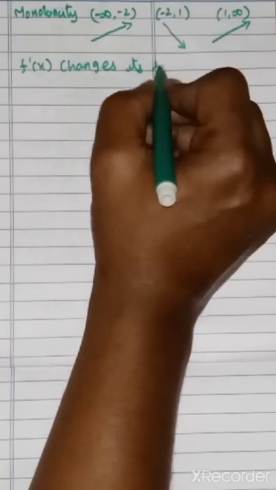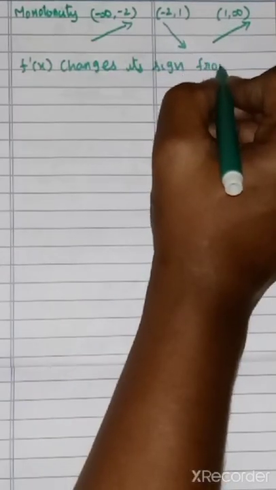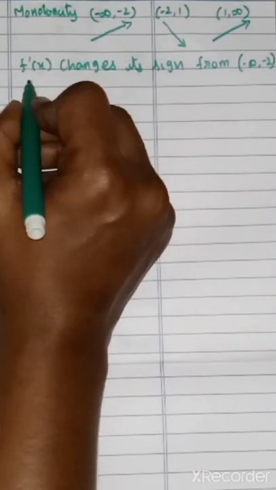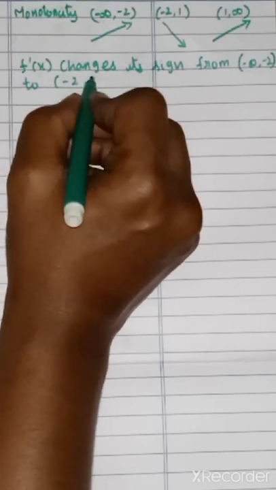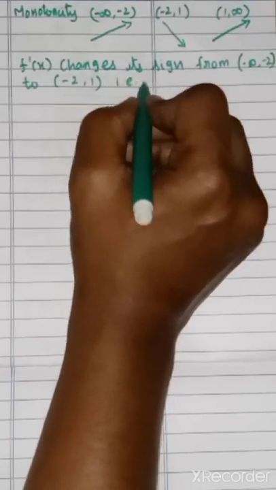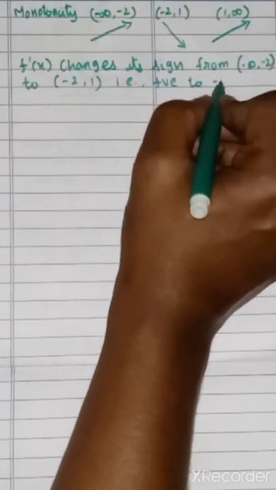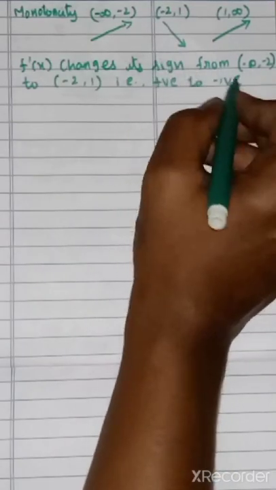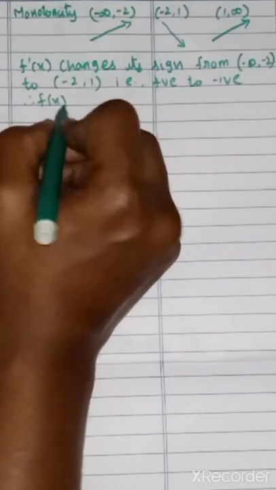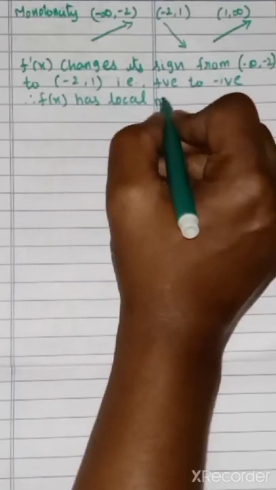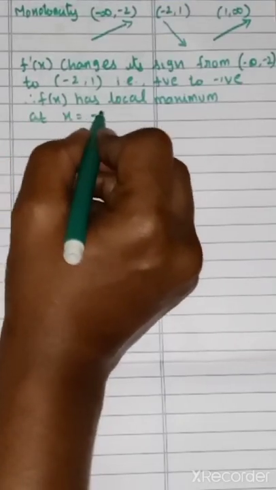So f dash of x changes its sign from minus infinity to minus 2, to minus 2 comma 1, correct? That is positive to negative. So if it changes from positive to negative, that is your local maximum. Therefore f of x has local maximum at x equal to minus 2.